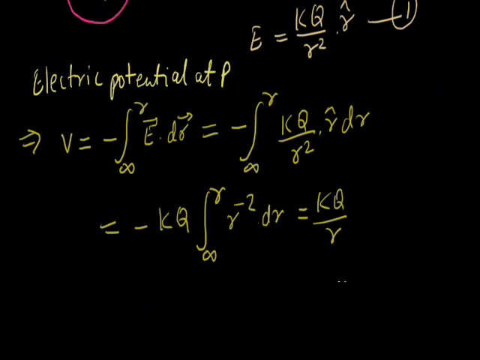So outside the sphere, the potential V will be directly proportional to 1 upon r, or inversely proportional to r.